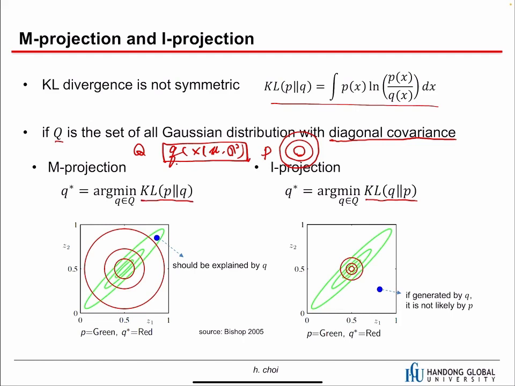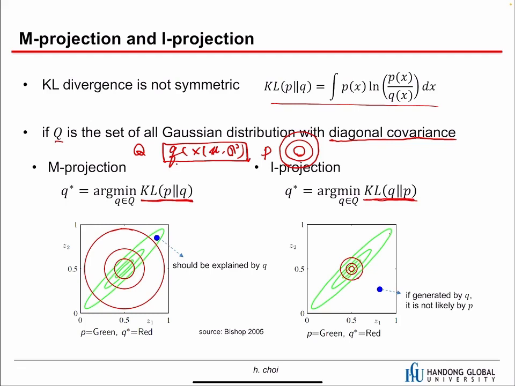If we minimize this KL divergence, then Q will be like these red circles, and the green one is the true distribution P. If we minimize KL divergence between Q and P, then with the same true distribution P, Q will be like this.